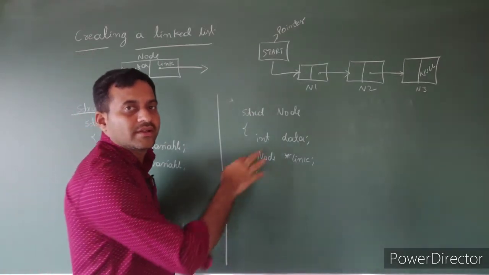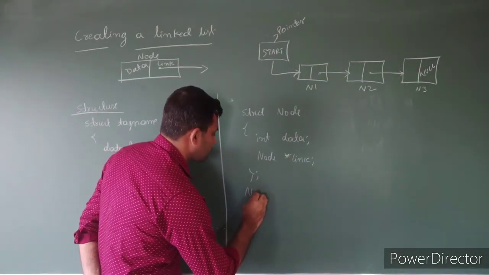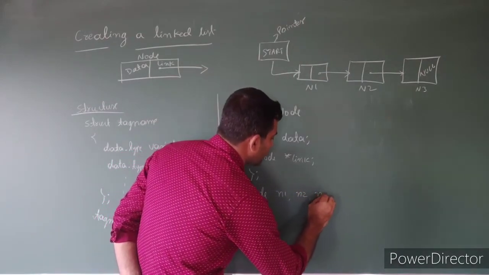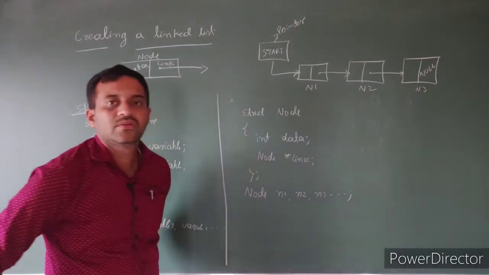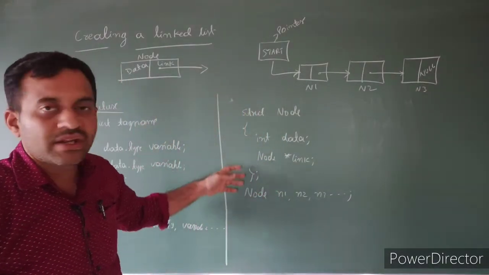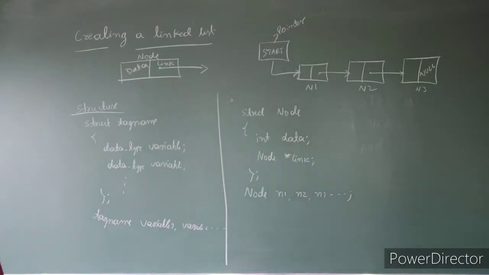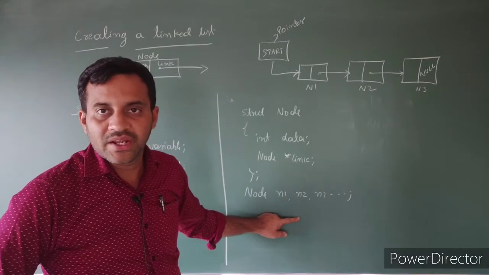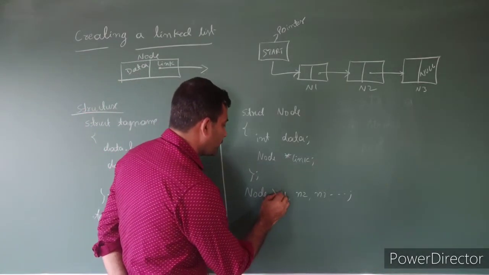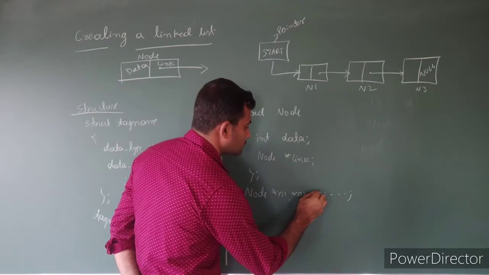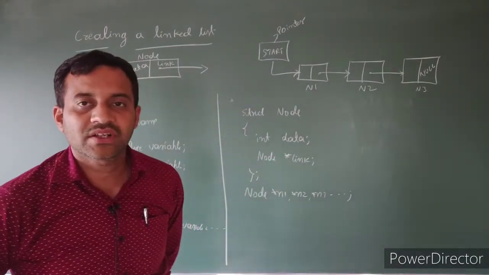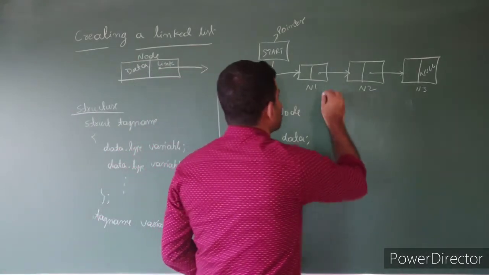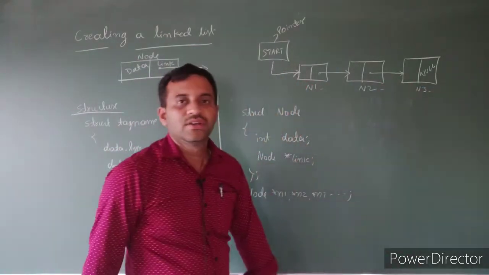Then to create a number of nodes, we write struct node n1, n2, n3, and so on. This is the example for creating a node. Here the nodes are variables, or they may be pointers. So n1, n2, n3 represent the nodes.